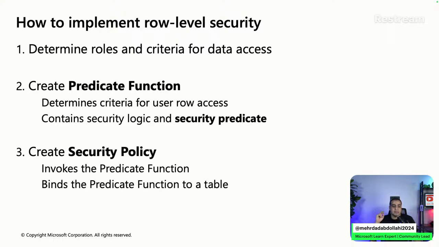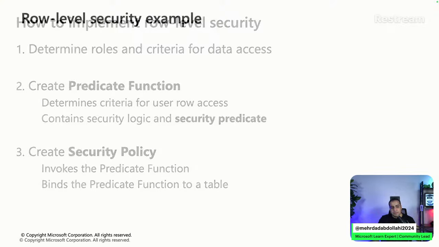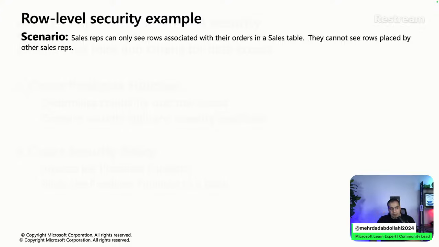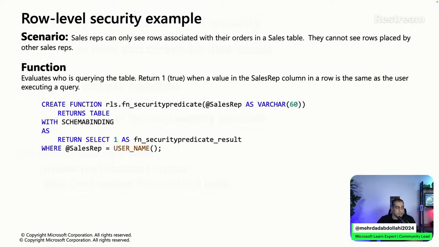And the second thing that you need to create is security policy that basically is invoking the predicate function, and it is going to bind that function to the table that you've got. An example for that one can be, only the sales representative users can look at some specific rows of the data, right?